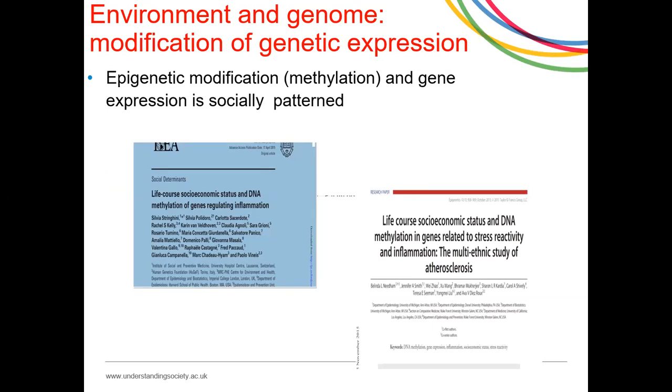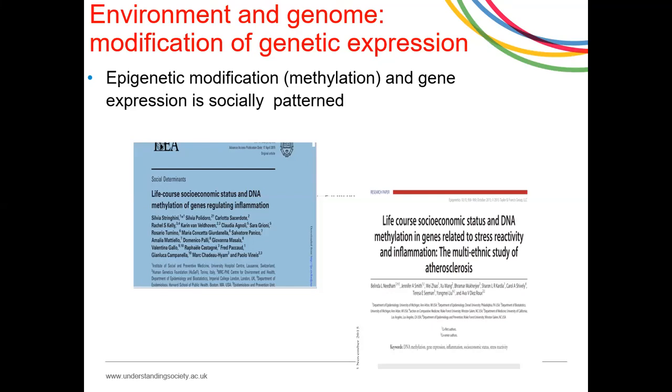And here again, these two papers decided that inflammation might be quite interesting and looked at methylation of the genes regulating inflammation. Again, they picked out a whole bunch of sites across the genome that potentially are associated with inflammation, looked to see how those genes are methylated, and whether that methylation was associated with social position.